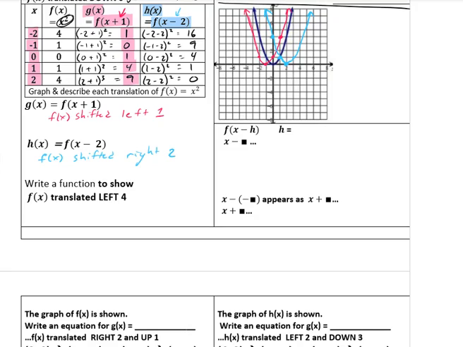So let's go ahead and look over here and fill out this information. f of x minus h. One thing I want you to notice is how the h is inside of a parentheses. That's going to be important. h means your horizontal translation or your horizontal shift.